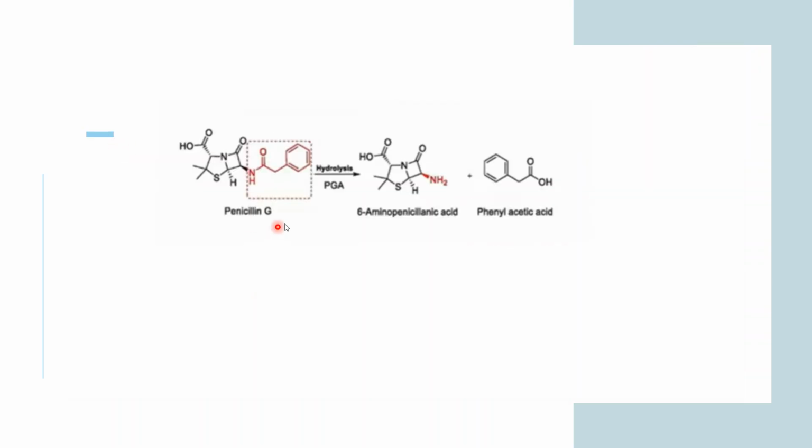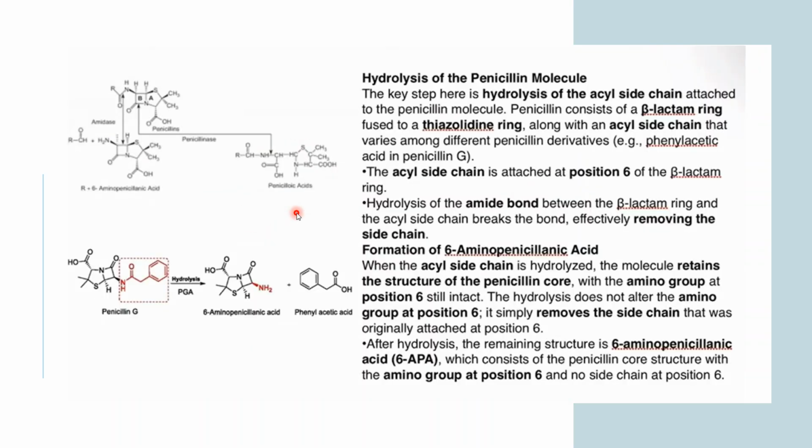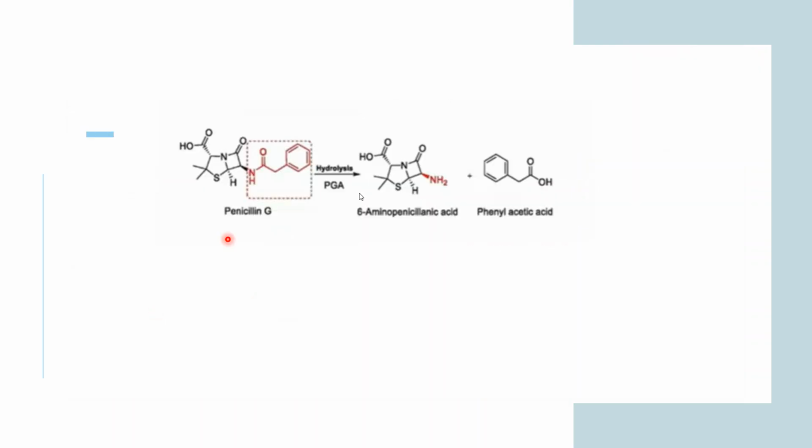Right? If you are talking about this penicillin G, what happens here? The hydrolysis has to happen. Now this amide linkage will get disrupted and you will end up having this 6 amino penicillinic acid and phenyl acetic acid.